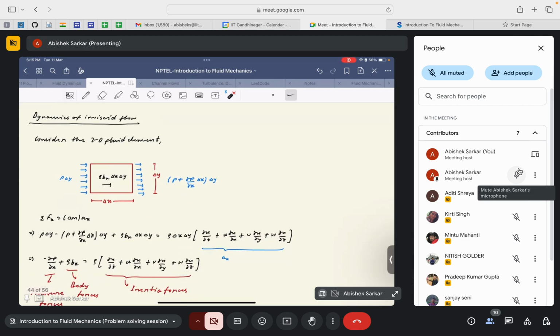As per our usual agenda, I will briefly go through the concepts that were taught by Professor Chakraborty in the lectures. I will not dive deep. I will sometimes skip some of the steps that were taken by Professor Chakraborty in the lectures, just in order to save time, because in today's session we have a lot of involved problems, and I would prefer to give more time to those rather than revising each and every step.